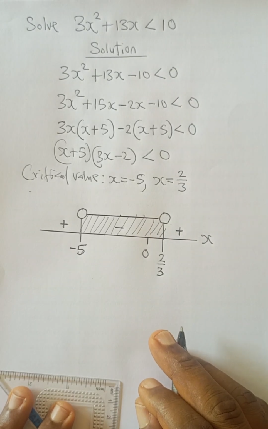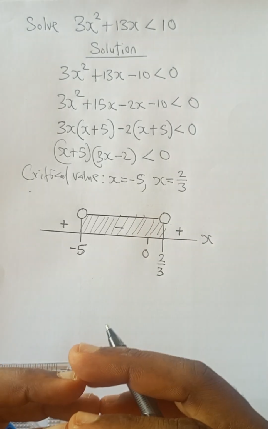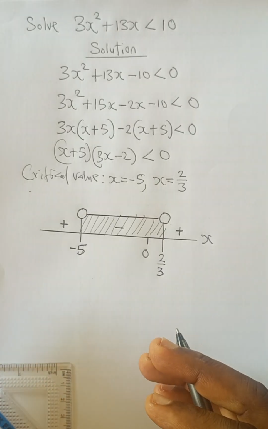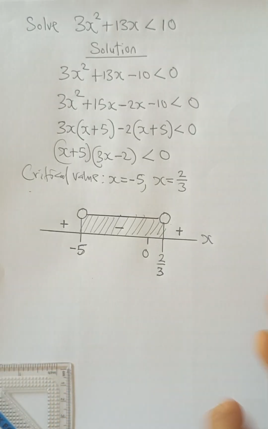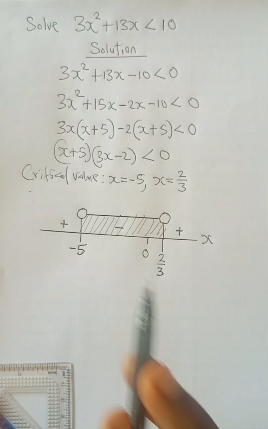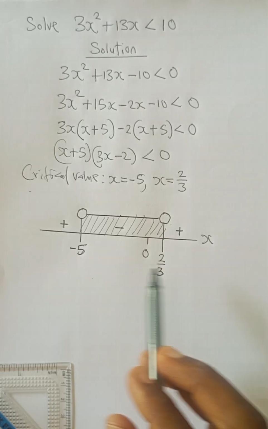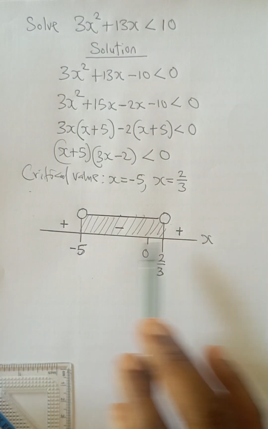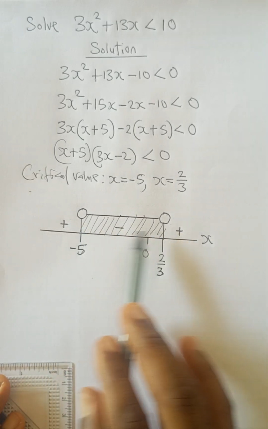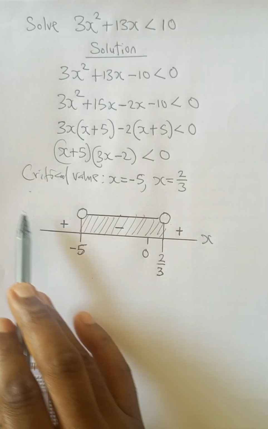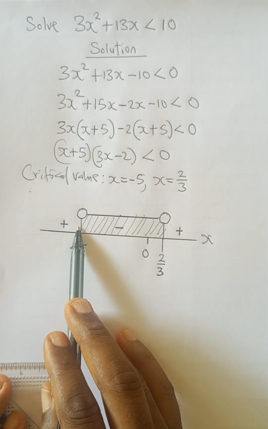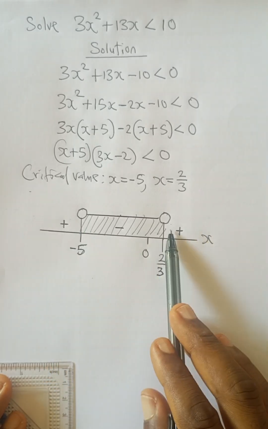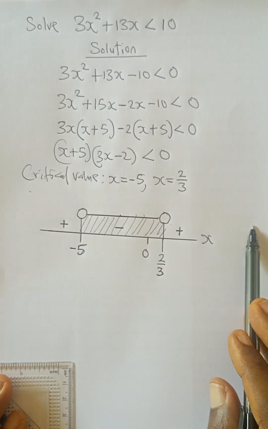Now, how do you now present the answer? Because they are joining. You know, yesterday we have this or this, because this is just one range. It's not 2 ranges. It's not like we have one range somewhere else, then we have another range this way. Assuming it's the positive direction, that means we have 2 ranges, from negative infinity up to before minus 5, and from after 2/3 to positive infinity.